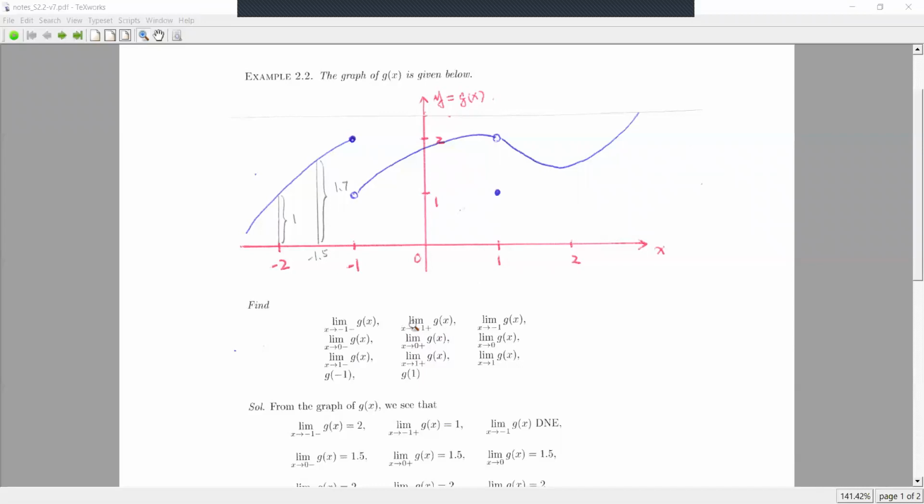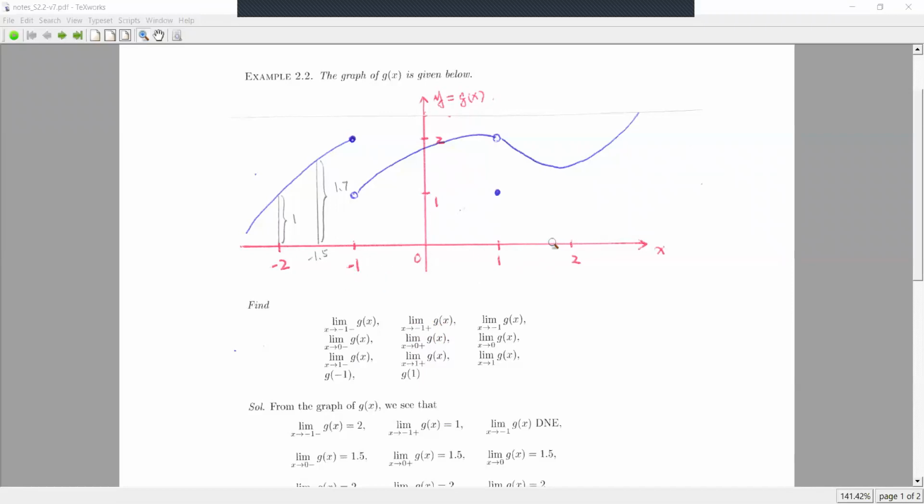Now, the second limit. The second limit is the right-hand side limit at the point -1. x approaches -1 from the right side. We need to determine what number the function g will approach. -1 is here.